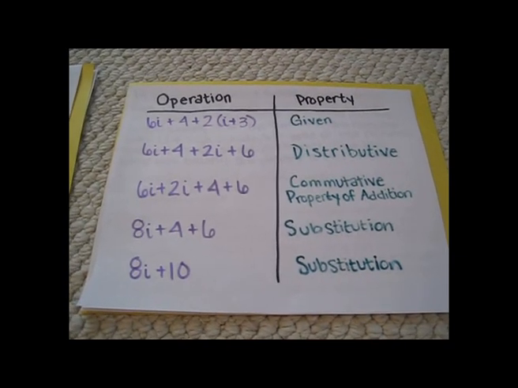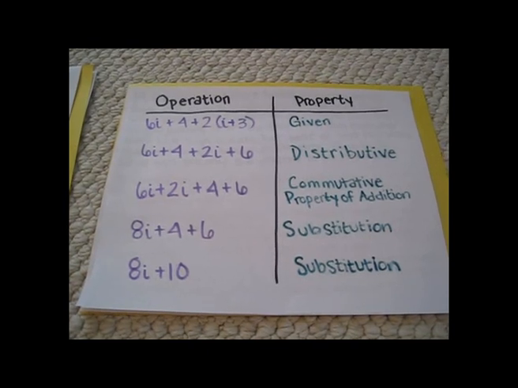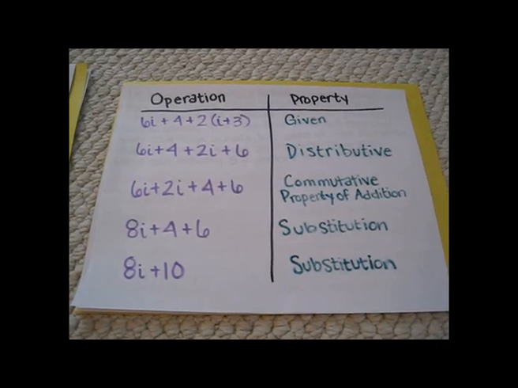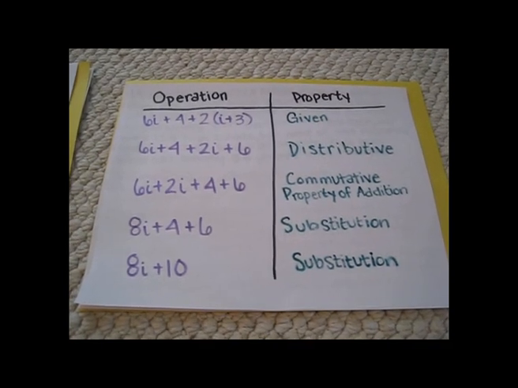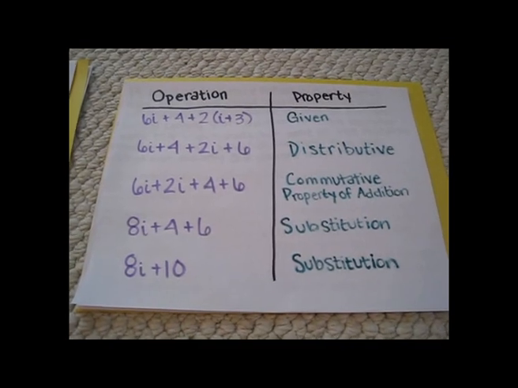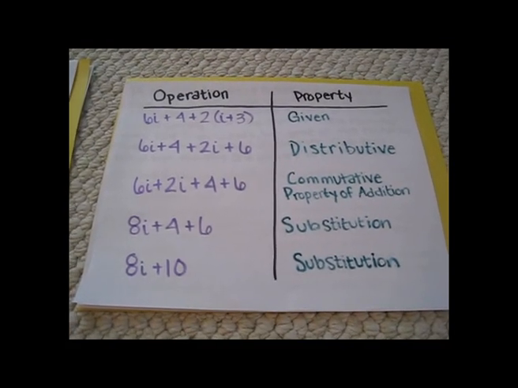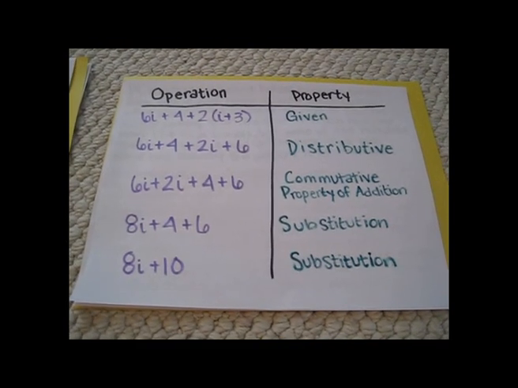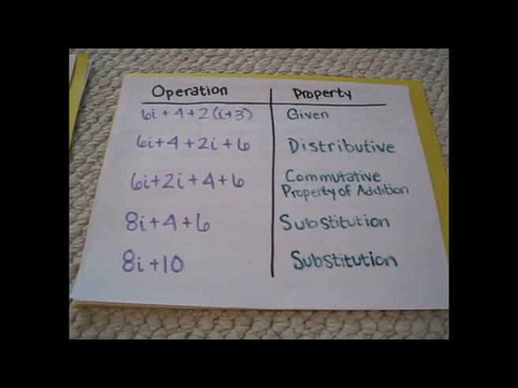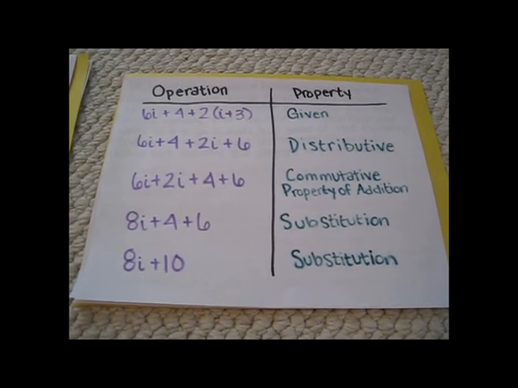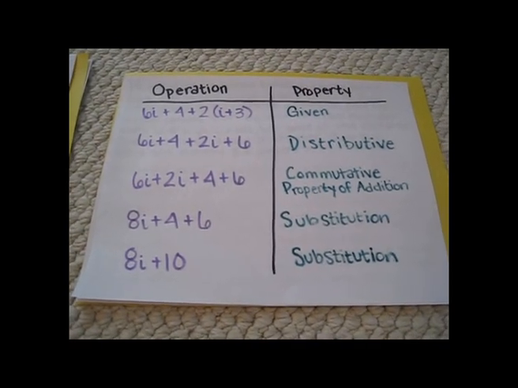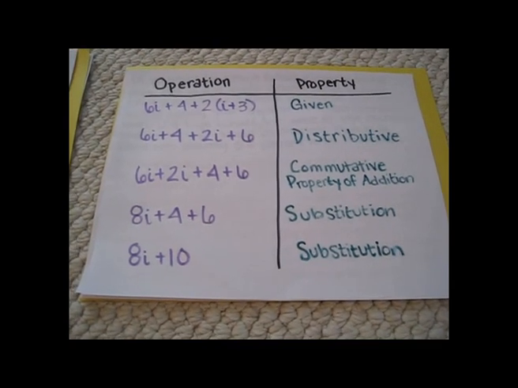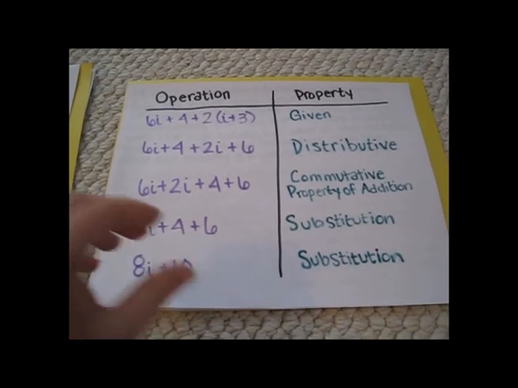Then you get 6i plus 2i plus 4 plus 6 by using the commutative property of addition to switch the 2i and the 4. Then your equation reads 8i plus 4 plus 6, which you got by using the substitution property to add 6i and 2i. Finally, you end up with 8i plus 10 by using the substitution property to add the 4 and the 6.